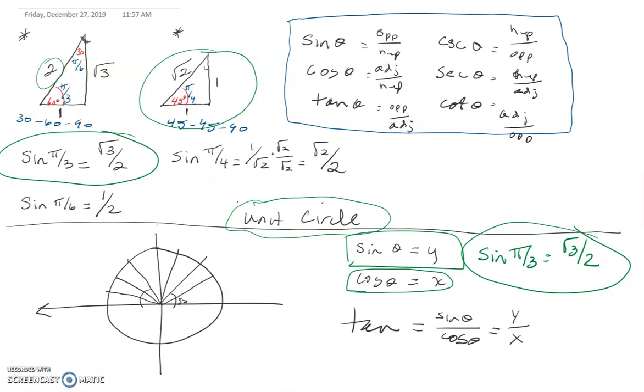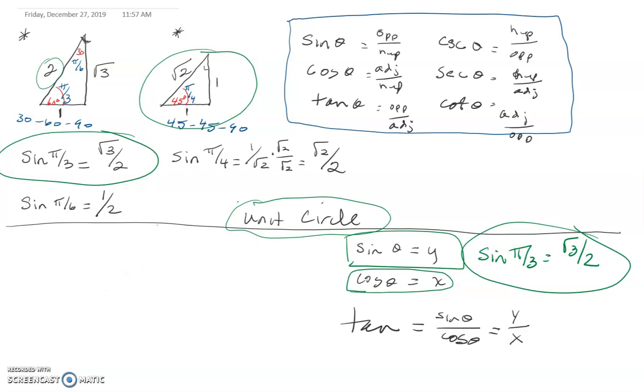So I'm going to stop this video right now, but I am going to tell you one more thing before I stop. As you move past section 4.5, we're going to take these graphs and label the x-axis with the degrees or the radians, and we're going to be able to actually sketch where your sine angle is at 30, 45, 90, and so on.